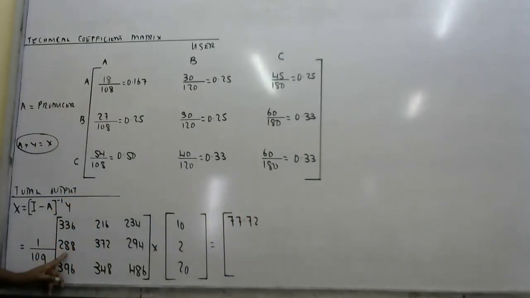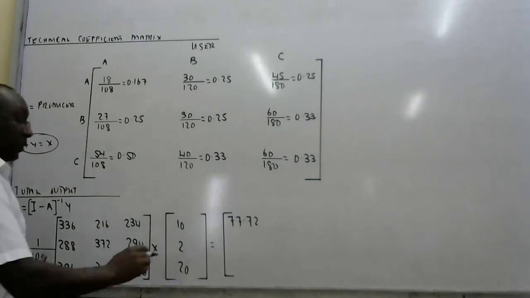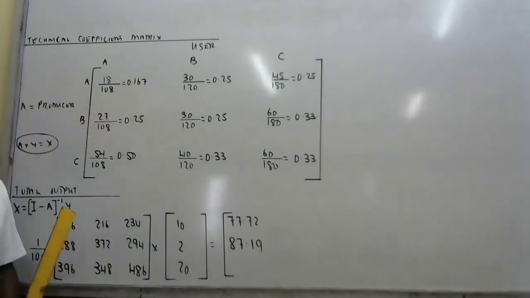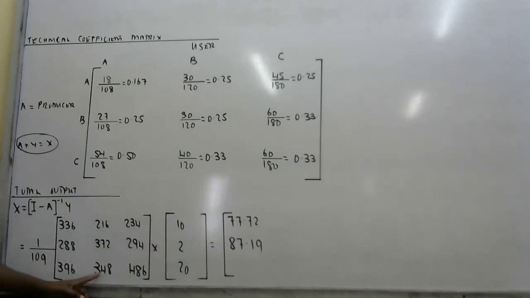The same: 288 times 10 plus 372 times 2 plus 294 times 20. Same equals, then divide by 109. 87.19. Next is 396 times 10 plus 348 times 2 plus 486 times 20.